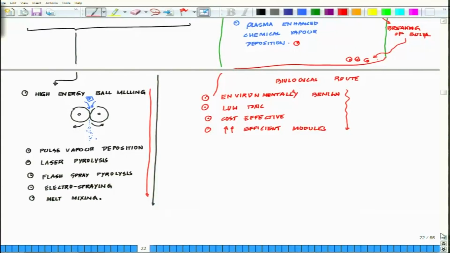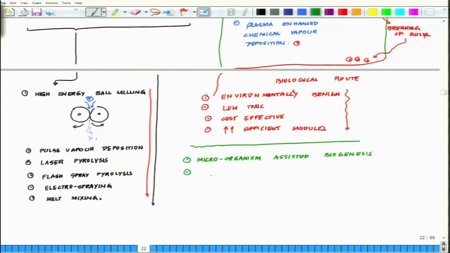And the biological routes which are currently widely explored include microorganism assisted biogenesis, which is one.